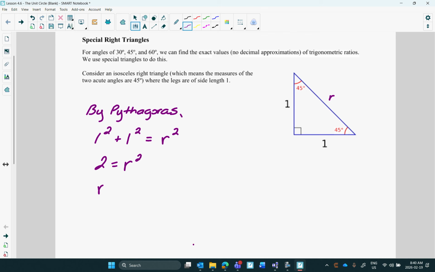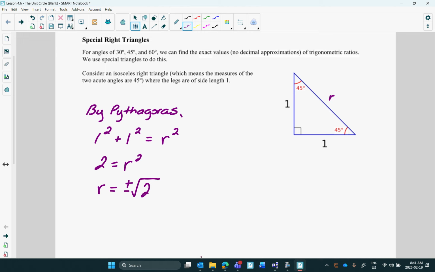So to find R, remember we're solving a quadratic equation, so you've got to remember to take the positive and negative square root. Oh, sorry. We should put 2. I don't know why I'm putting on a square.